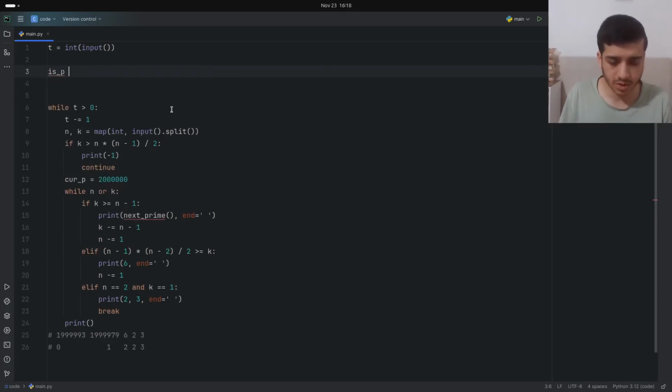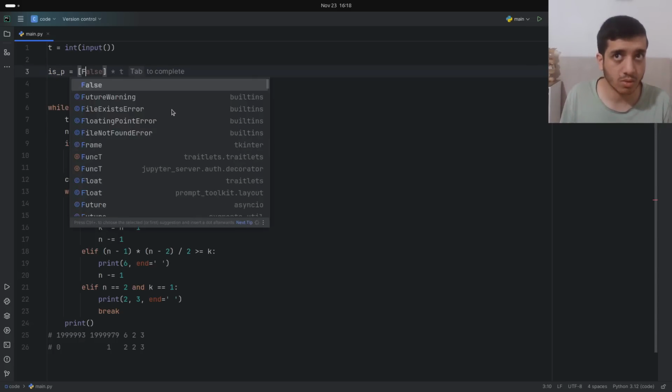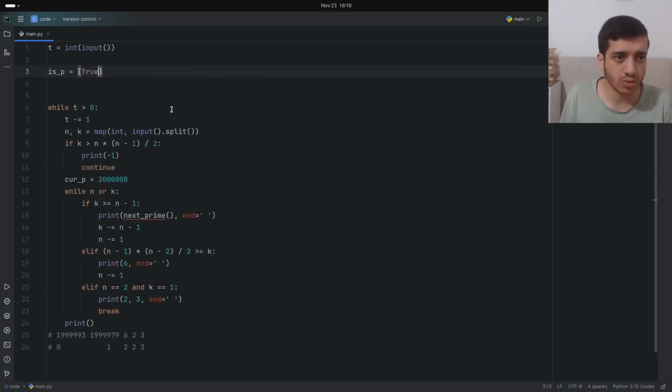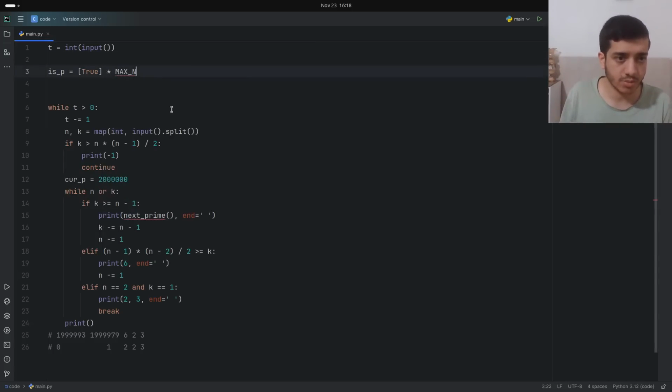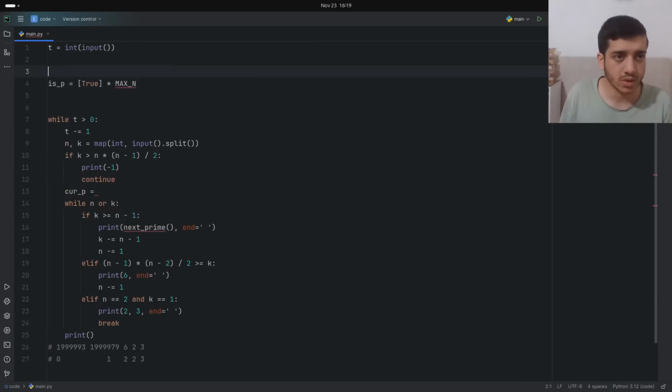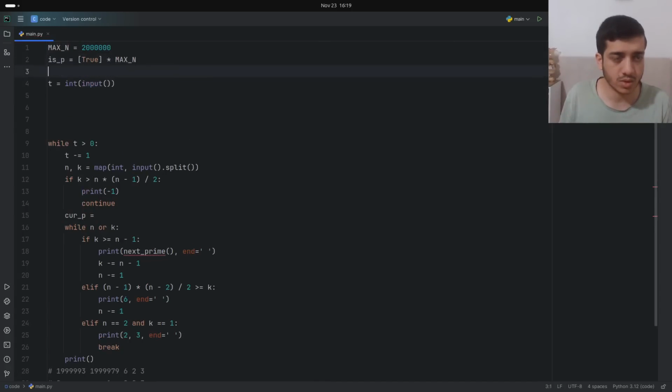Is P is true for max n. Let me try this. Max n is equal to this one.